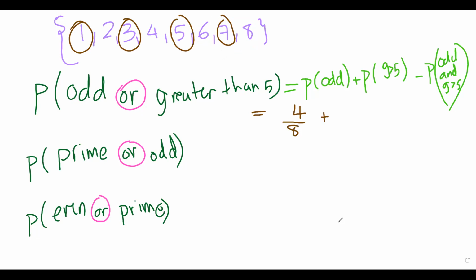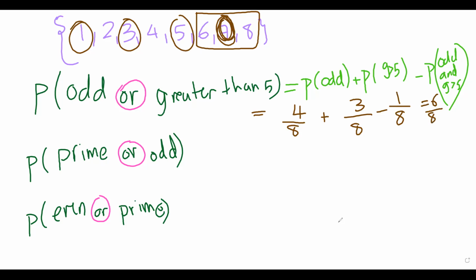Plus, how many numbers are greater than 5? They are 6, 7, and 8. So 3 numbers. Now, how many numbers are greater than 5 and odd? It's only 7, so we have 1/8. So the answer will be 6/8 or 3/4.